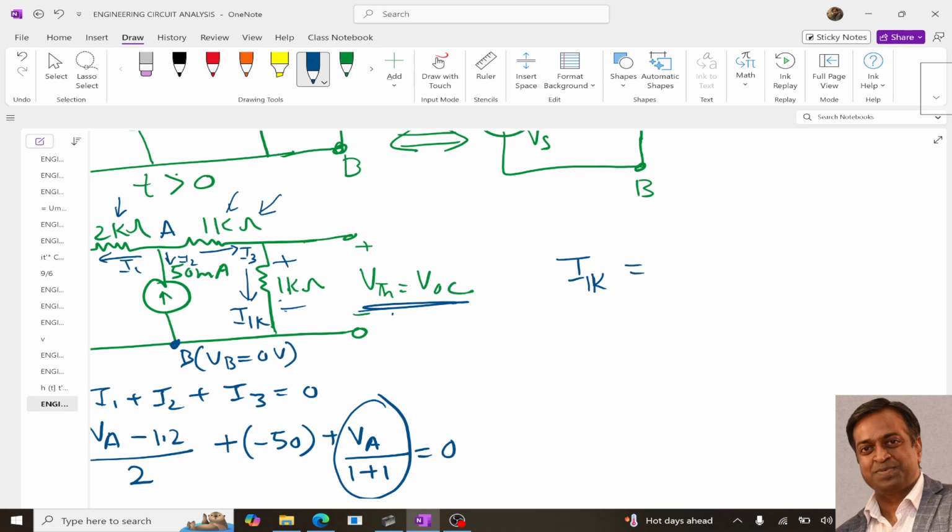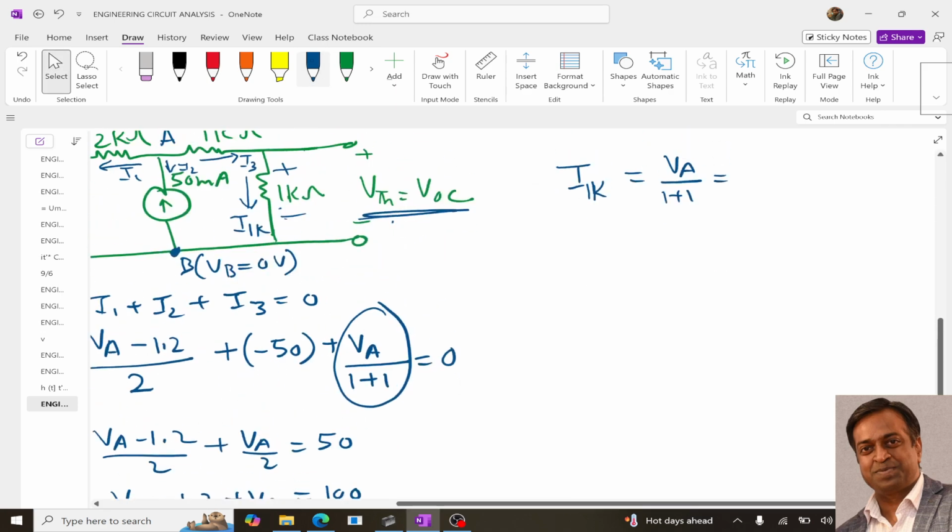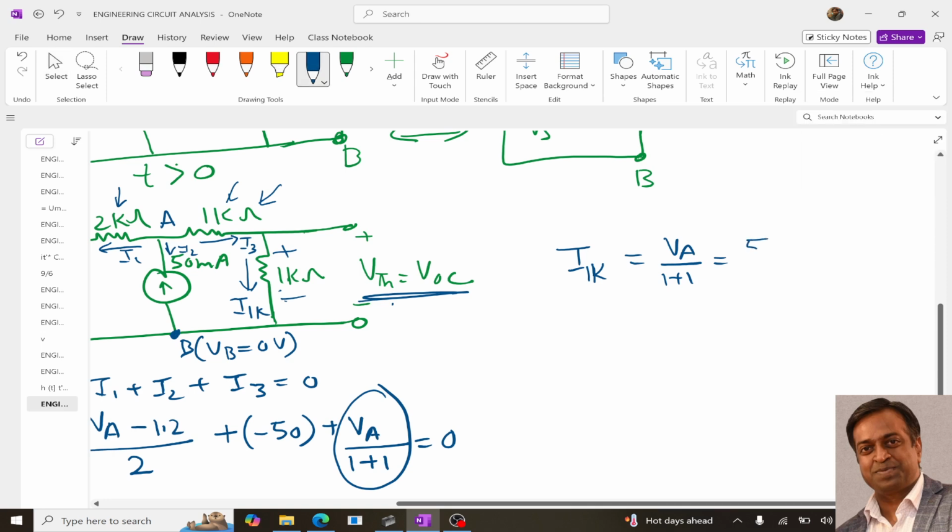So it will be VA upon 1 plus 1, right? So VA we have determined, VA is 50.6. So 50.6 upon 2. So IK is 25.3. So we get IK as 25.3.